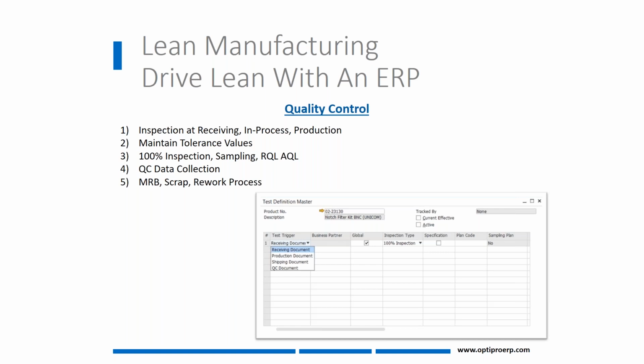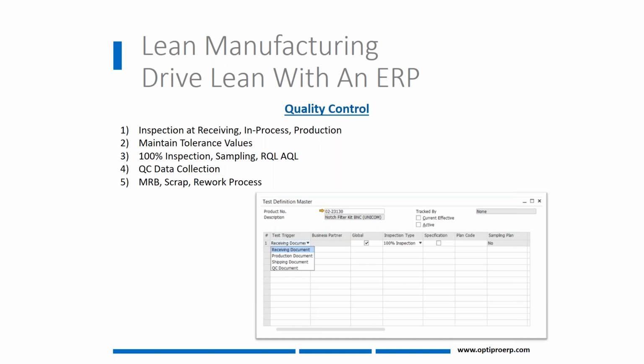We have that capability. You have to have multiple inspection routines. So you can have 100% inspection, you can have sampling inspection, you can have SPC, you can have RQL, AQL, all different inspection methodologies, and we support those.